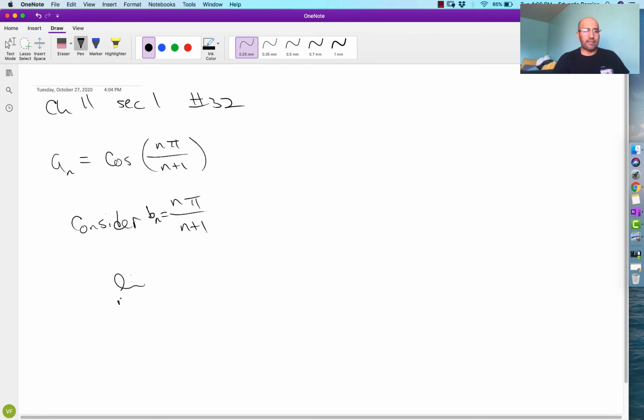The limit as n goes to infinity of b sub n is equal to the limit as n goes to infinity of n pi over n plus 1. Well, this is just some constant. We can pull that out in front and say that this is pi times the limit as n goes to infinity of n over n plus 1.